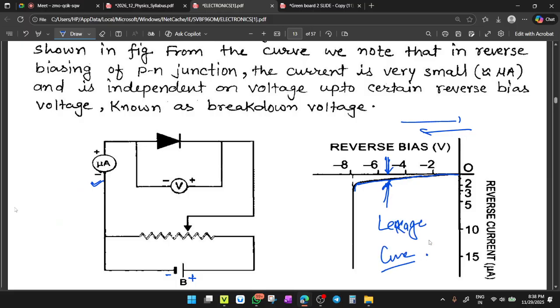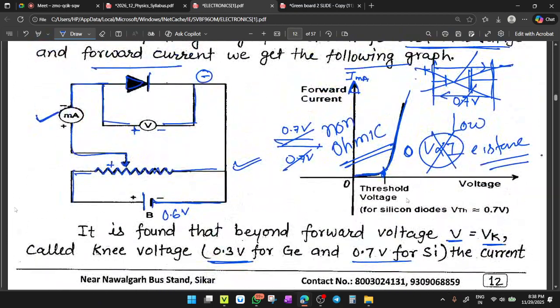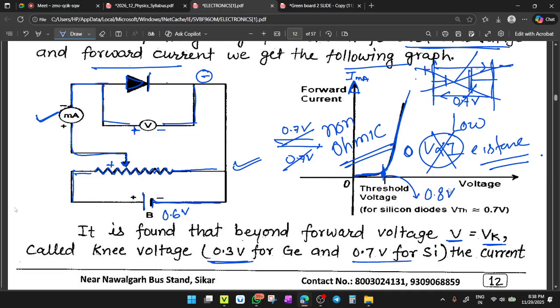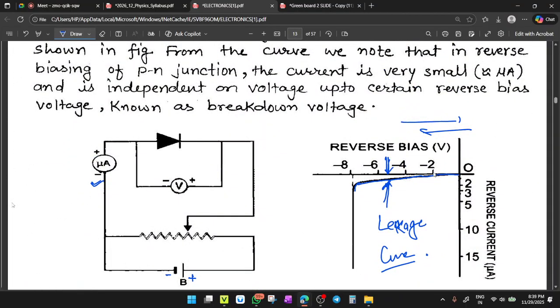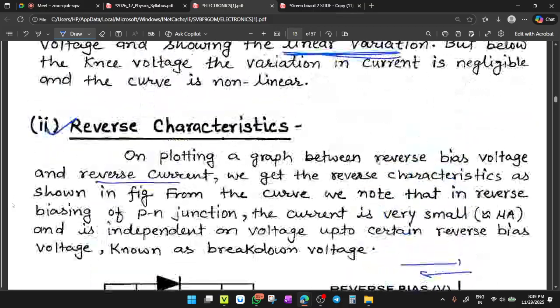You see, during the forward bias, just after applying a voltage of 0.8 volt, suddenly a high amount of current is flowing. But in this situation, reverse bias, you have applied minus 2 volt, minus 4 volt, minus 6 volt, minus 8 volt, and there is very little current, only a few microampere. But as you apply more than minus 8 volt, what will happen?